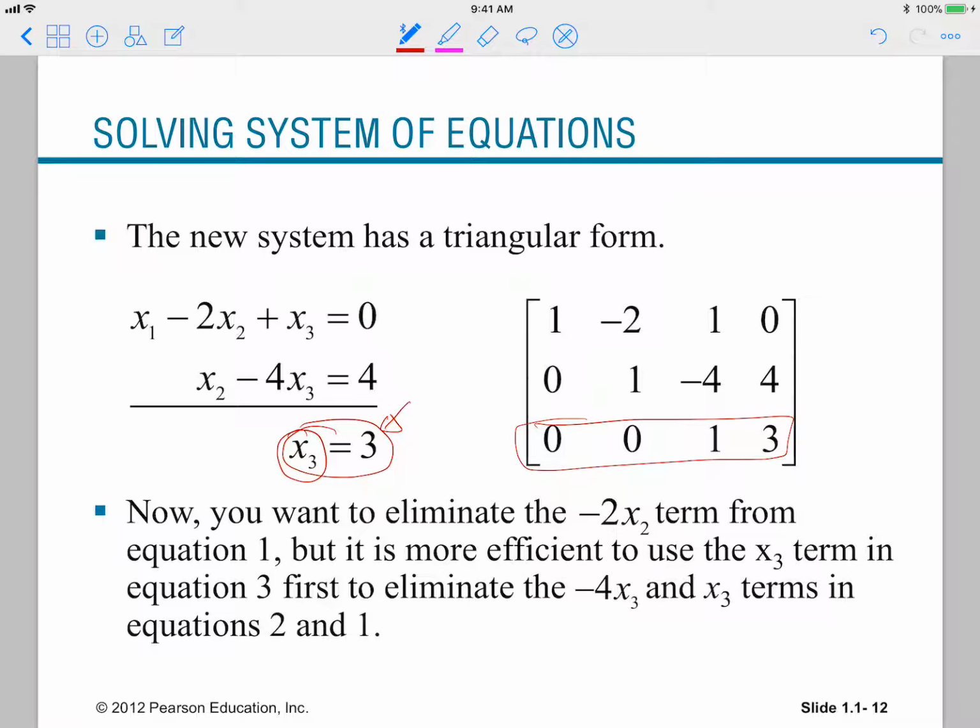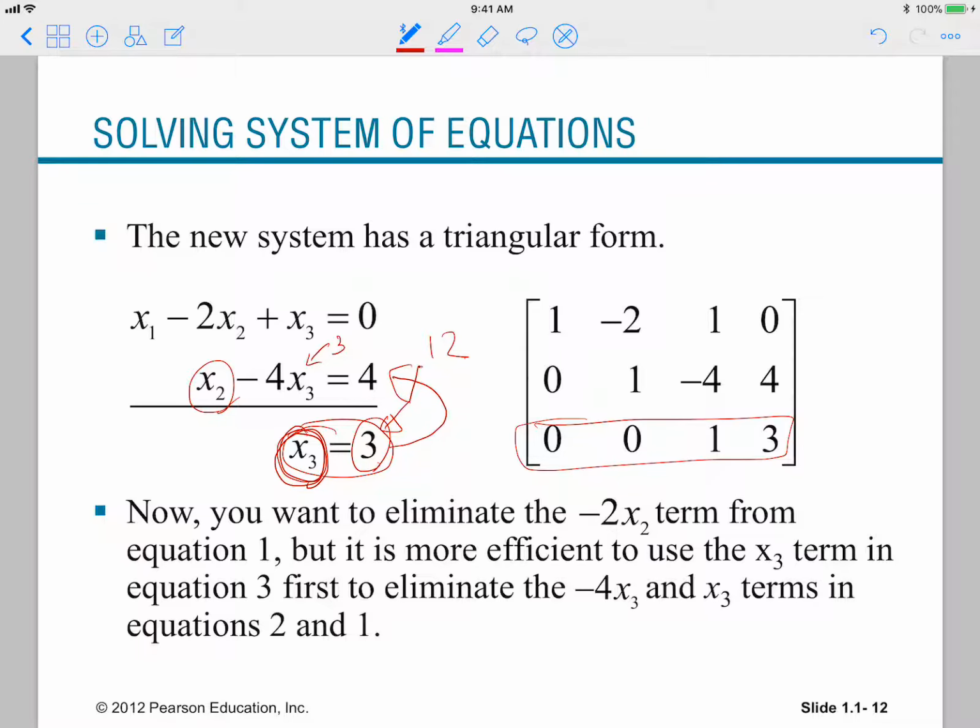And then the rest of the process will be quite easy, and this will be done by just plugging this value into this equation. I mean, we now go back to the equations above, and plug this x3 with the value of 3, and then we will obtain x2 as 12 in this example.